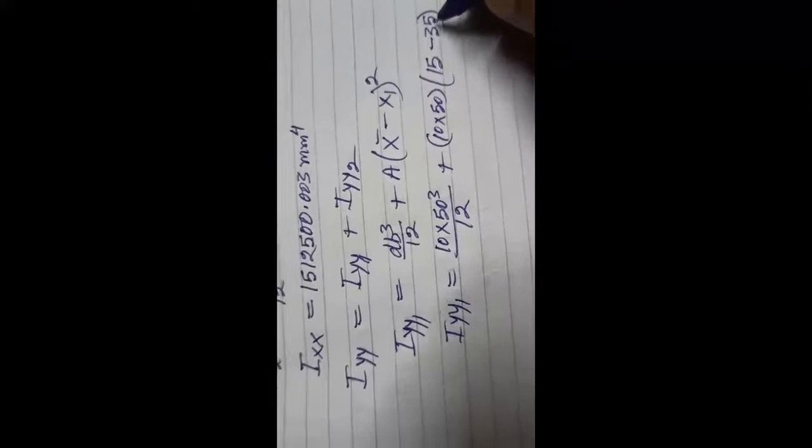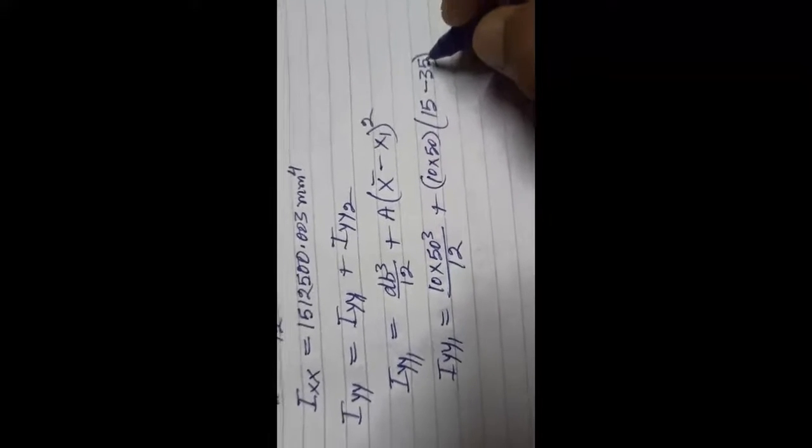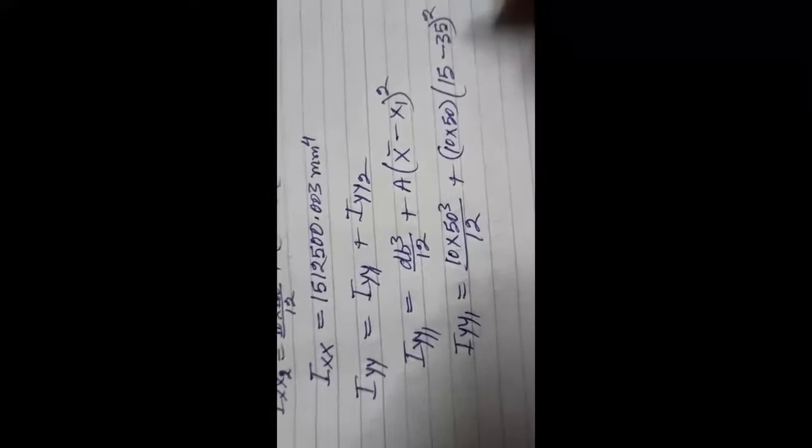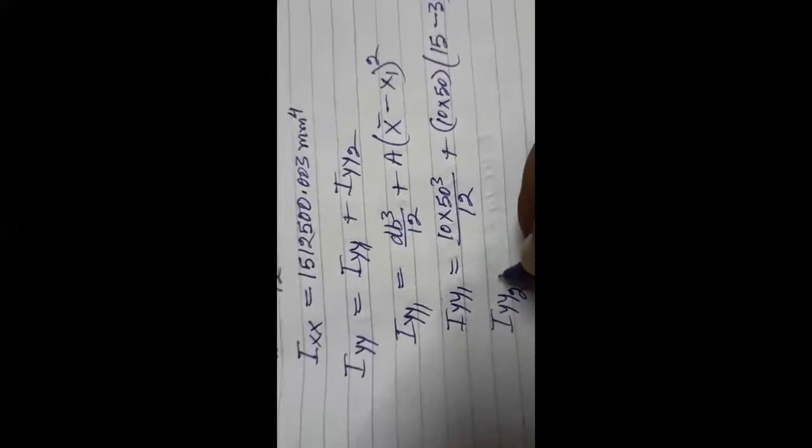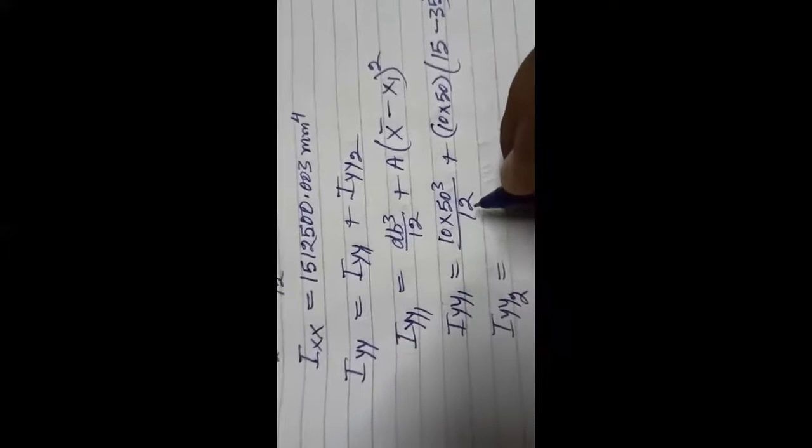X bar is 15 and this x1 is 35, so whole square of this. And this Iyy2 will be equal to again db cube upon 12.